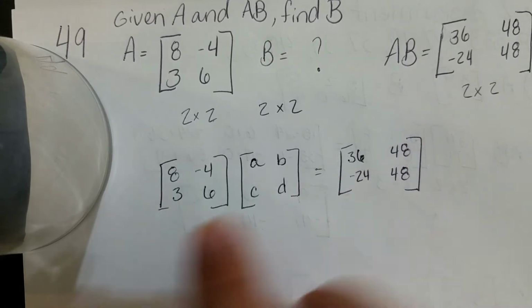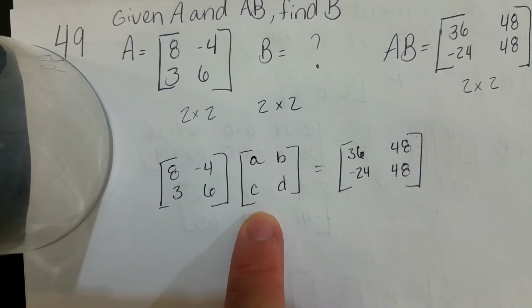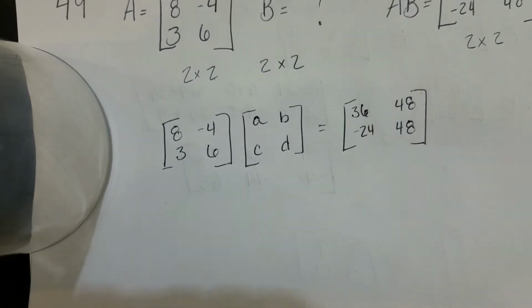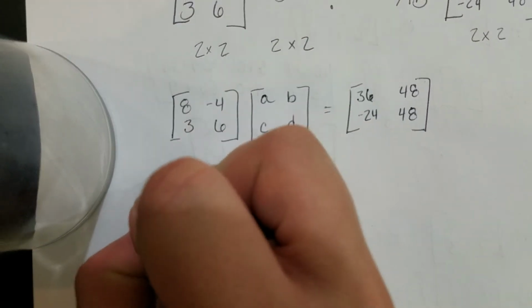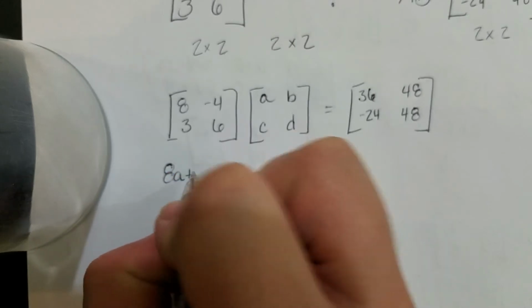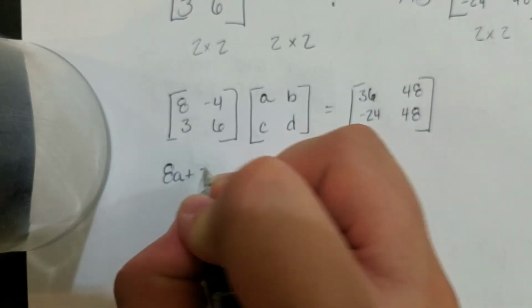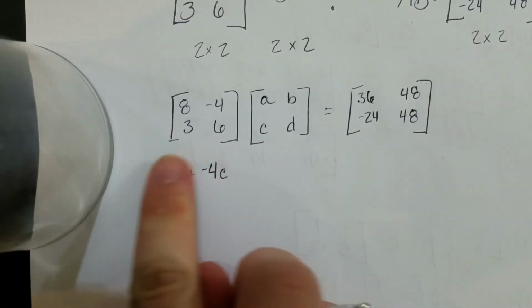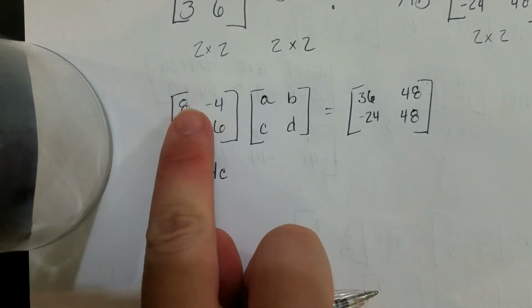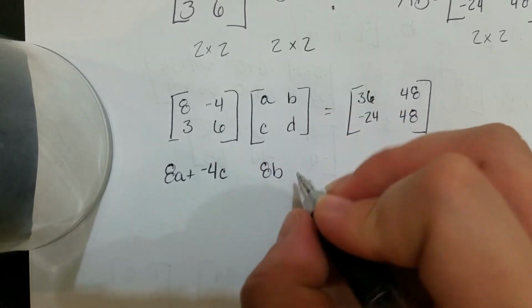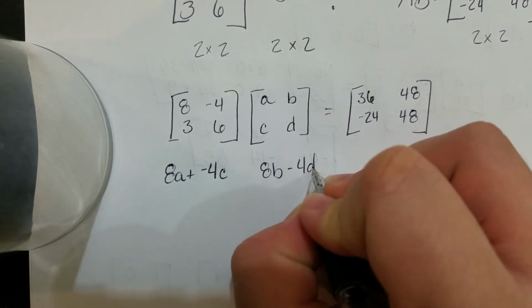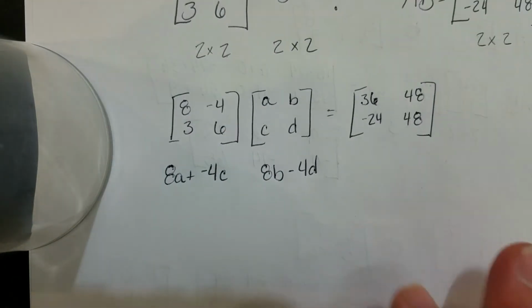Alright, so using my matrix multiplication, let's see what I've got. Basically, I'll have 8 times A plus -4 times C, and that'll all be the first term. And then I'll have 8 times B minus 4 times D. Go ahead and go down here.